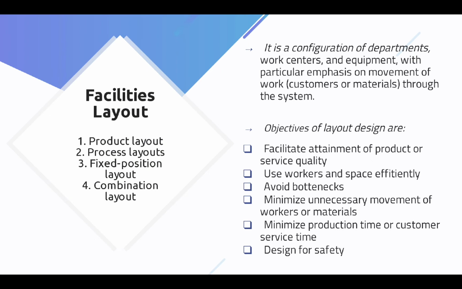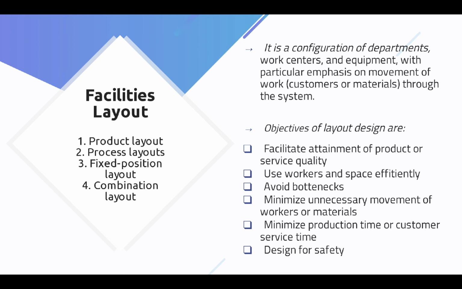Now we proceed to facilities layout. The types of facilities layout are product layout, process layout, fixed position layout, and combination layout. Facilities layout is a configuration of departments, work centers, and equipment with particular emphasis on movement of work, customers, or materials through the system.